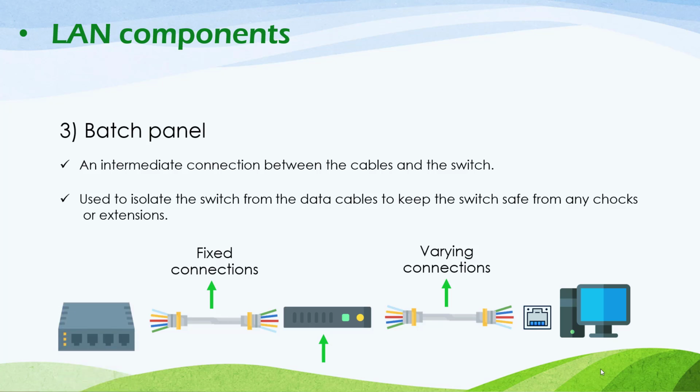So if this is the data switch, this will be a small copper cable connected for each port of the switch ports. Suppose we are having a 24 ports switch, so those will be 24 small copper cables as a connection between the switch and the patch panel, which are called the patch cords, as we will learn later.